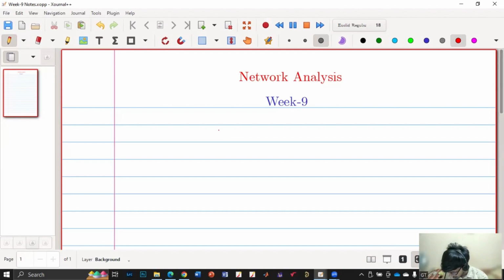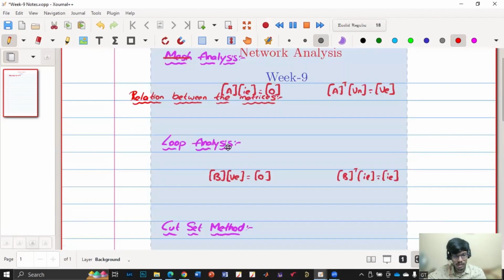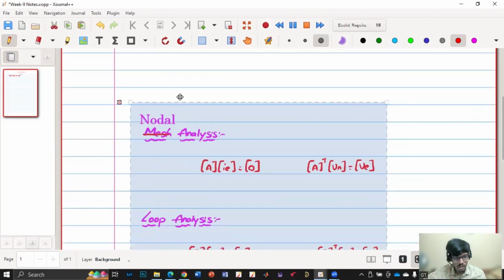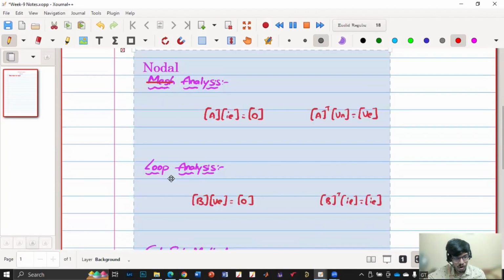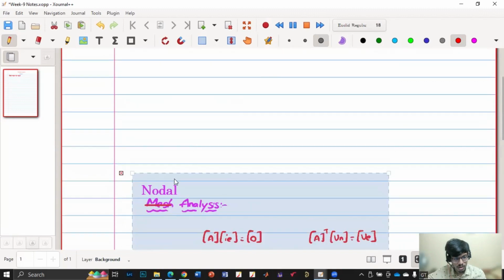In the first part, I'll be discussing the relation between the matrices. We'll be using whatever we discussed in the last week, and we'll be formulating based on that.